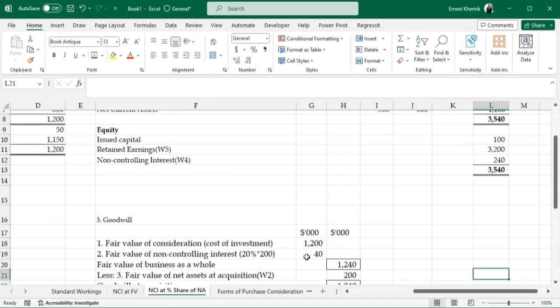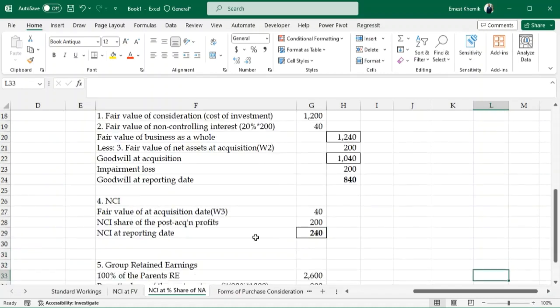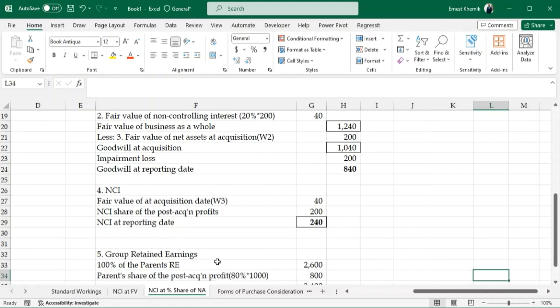Now, using the explanation I used at the NCI, measuring the NCI at fair value at the acquisition date, comparing that with the measurement of NCI at the proportionate share of the identifiable net assets.